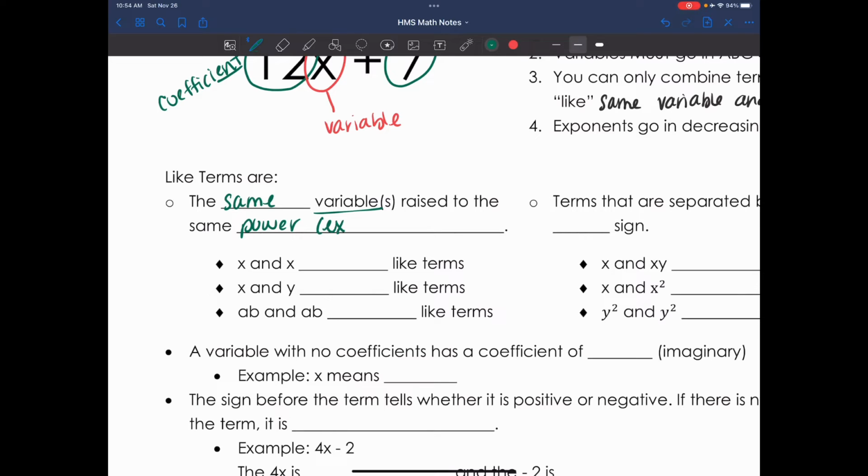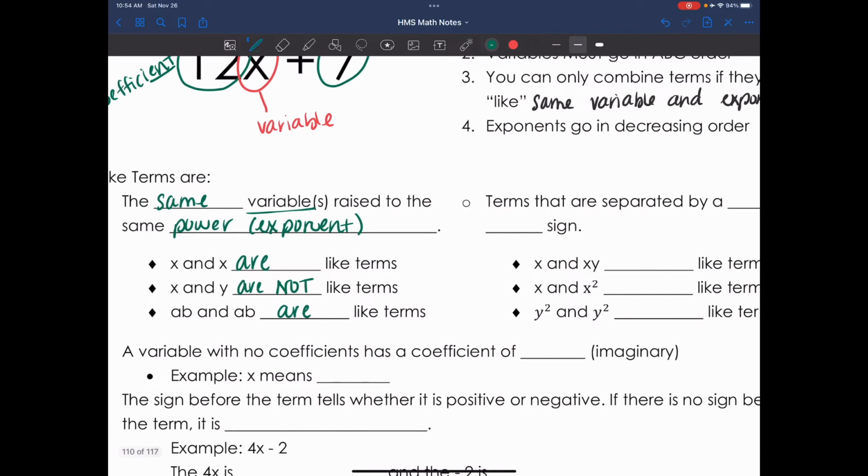That's our exponent. So x and x are like terms. X and y are not like terms. AB and AB are like terms. They have the same letters and the same exponent.